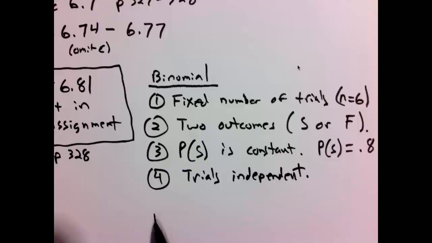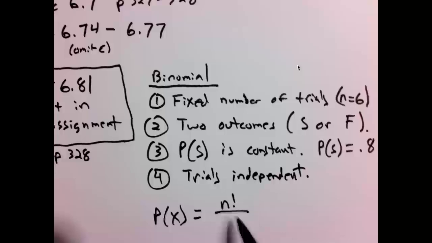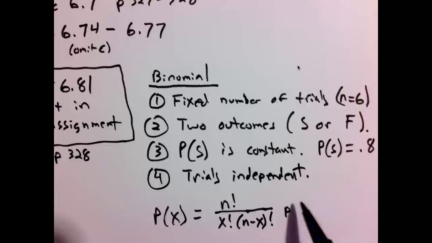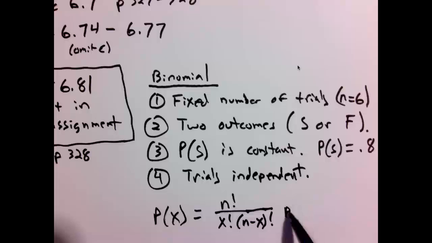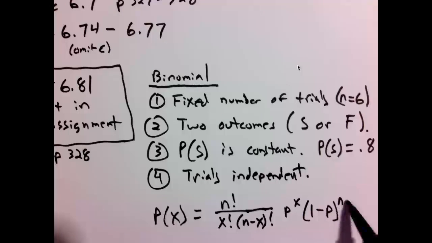The probability that x is of some particular value was going to be n factorial divided by x factorial times n minus x factorial, all times the probability of success to the power x times 1 minus the probability of success to the power of n minus x.